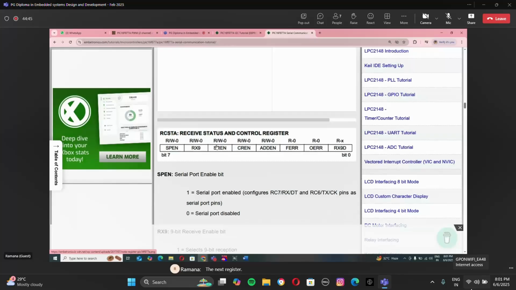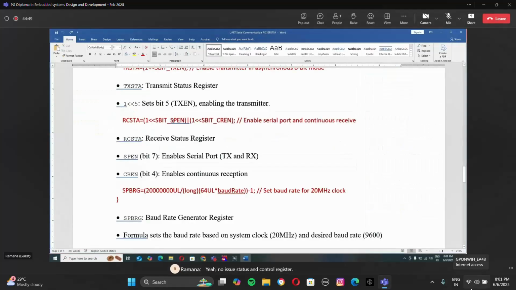Here SPEN, we are enabling that, and CREN both. SPEN is set to one, enabling the serial port, and continuous receive.